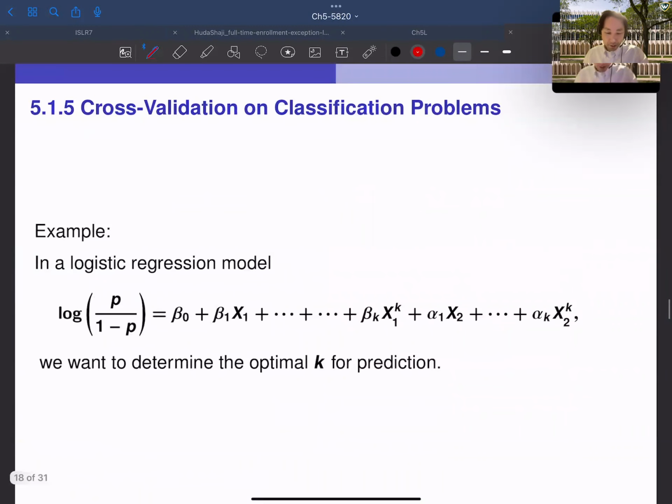Yeah, and here, okay, a more concrete example of the use of cross-validation. We want to do a classification problem, a binary classification problem, and we wonder what model is the best. We have the 2 predictors, x1 and x2, and we consider the polynomial of x1 and x2 to fit the response value.